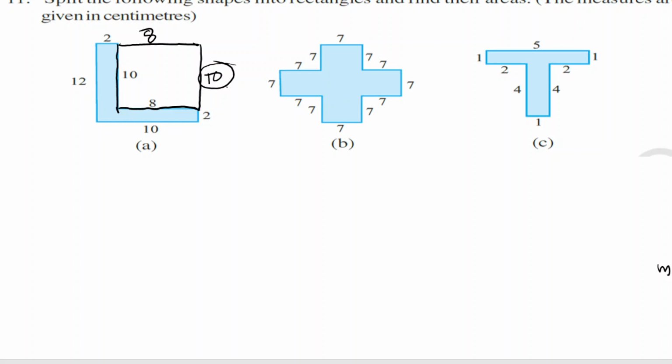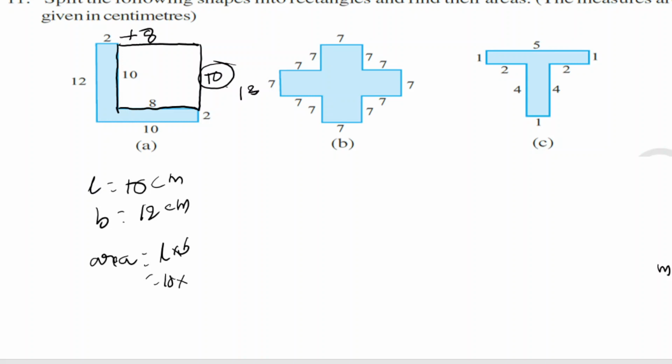So here it formed a rectangle whose length is given as 10 centimeters and breadth is 12 centimeters, and you know that area of the rectangle is equal to length into breadth, that is equal to 10 into 12, that is equal to 120 square centimeters.